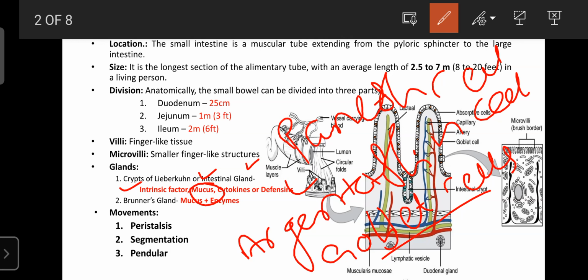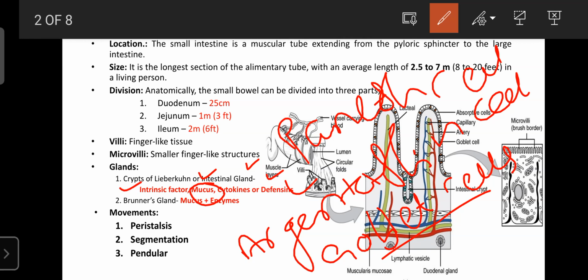Due to increased motility, the secretions are automatically secreted, and we get the beneficial effects from the small intestine secretions. That's why you should take warm water in the early morning. It helps keep us healthy and increases bowel movement, which helps clear the morning problems.